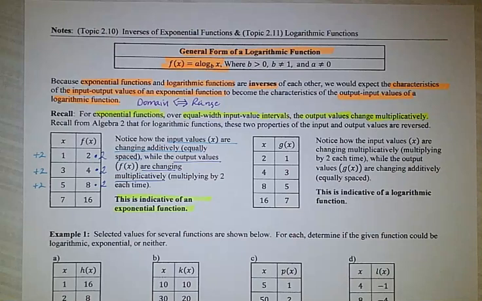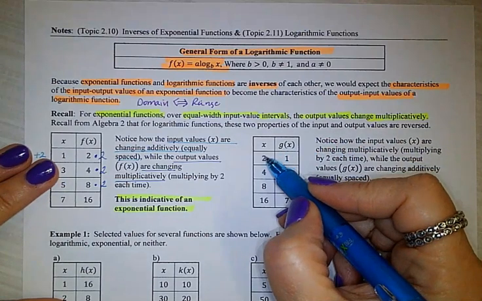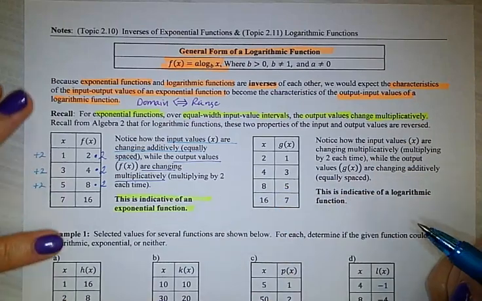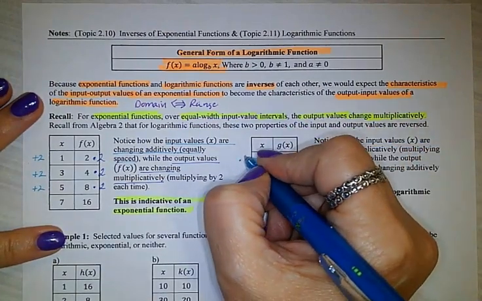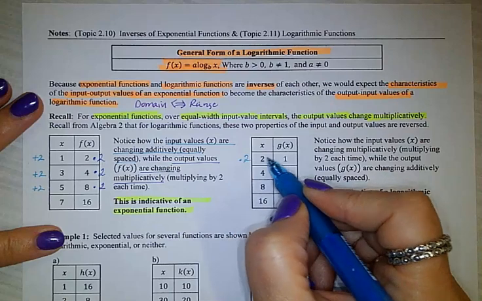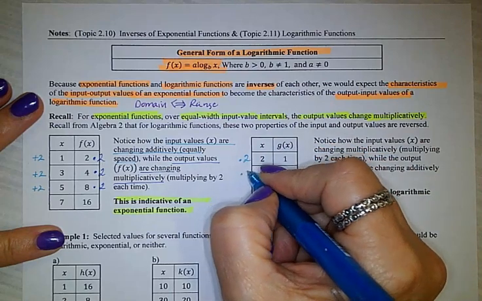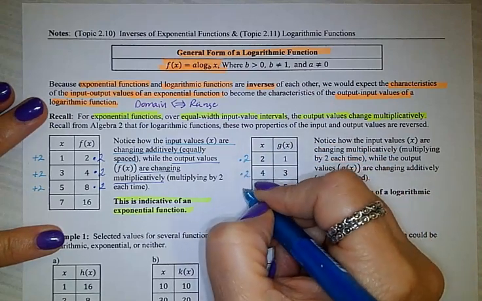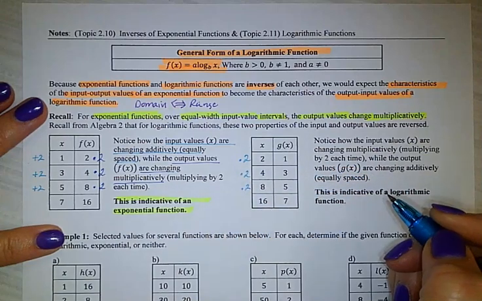Okay, now we're going to look at the next table. What we should see from this table is that I'm not just adding over here. This time I'm multiplying by 2. So 2 times 2 gives me 4, times 2 gives me 8, times 2 gives me 16.